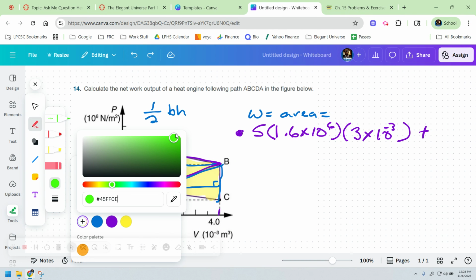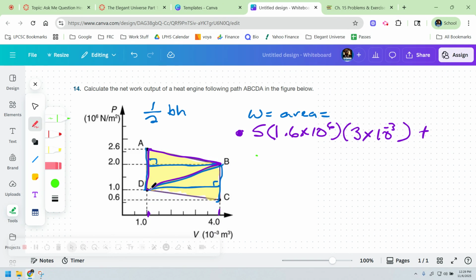Let's do green. Now I've got to find the area of this triangle here. So that's going to be 0.5 times, from B to C is about 1.4, right?